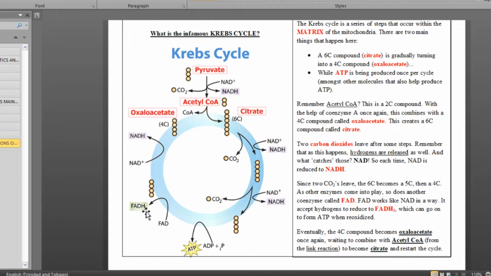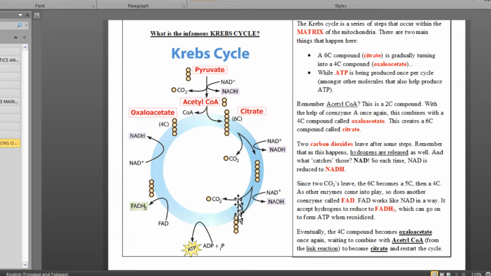These forms, NADH and FADH2, are like charged batteries. This is the uncharged one becoming the charged one, and that is able to produce ATP during the Krebs cycle, but only one at a time. This is called substrate level phosphorylation.